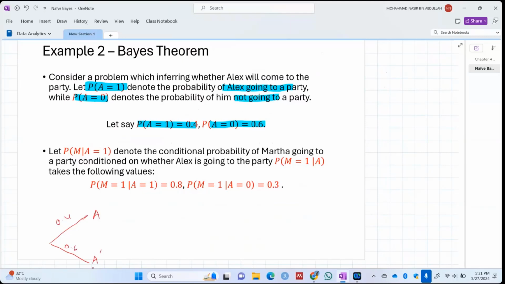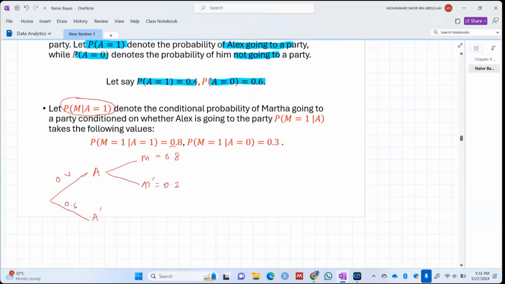The probability of Martha going to the party is 0.8, and this is going to be 0.2.